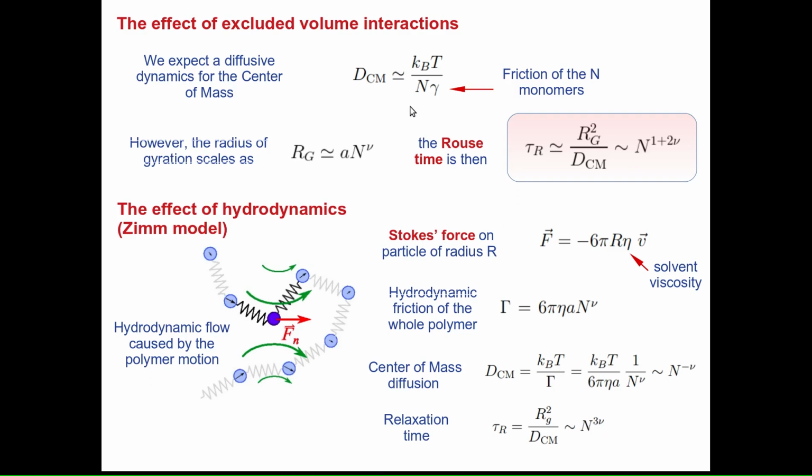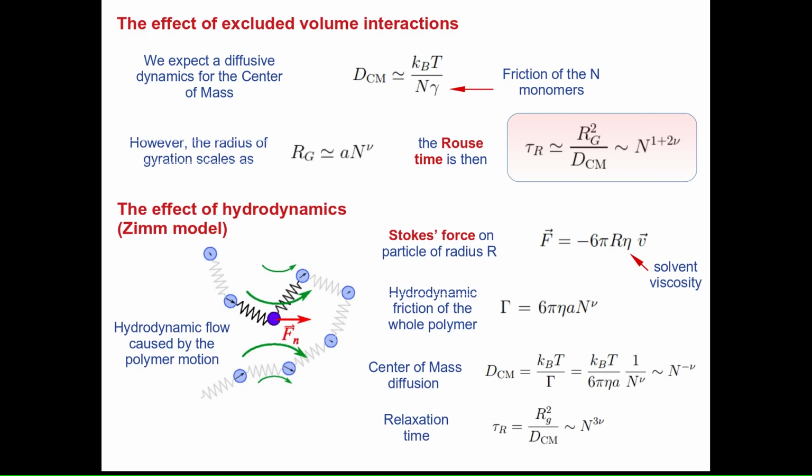Okay, so now we can compare the two. In the Rouse model, with or without excluded volume interactions, the center of mass diffusion scales as 1 over n. Of course, as n becomes larger, the diffusion constant becomes smaller, because the polymer is longer and it's more difficult to move, so it has smaller excursions.